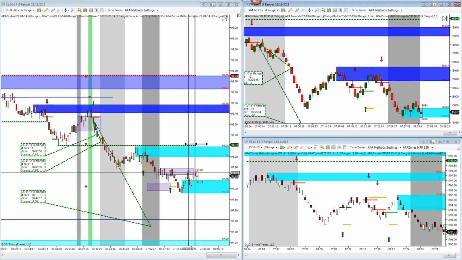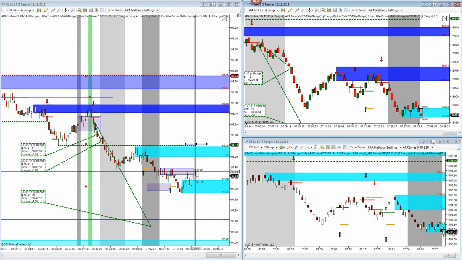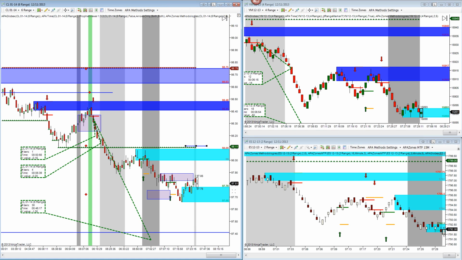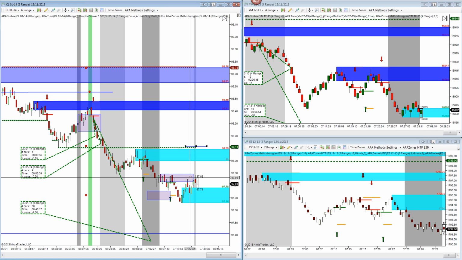Alright, since it's loading up here at the bottom of the hour, and crude oil inventories are coming out in just a couple moments, I'm hoping that we're going to see an acceleration from this area of consolidation down. That's what I'm hoping for.